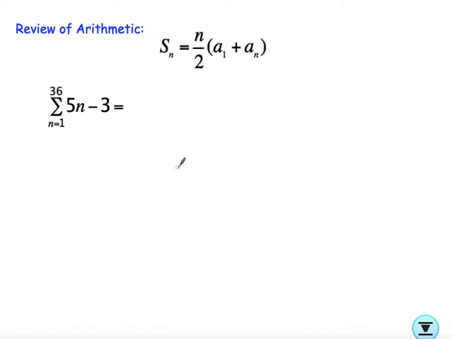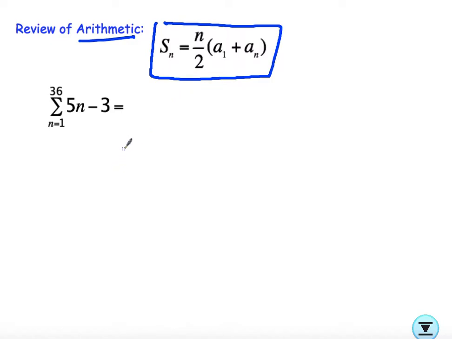Okay, now I just wanted to tie this back to what we've already learned, because if you can identify that something is arithmetic or geometric, it's going to be so much easier to do your summations, because remember, we have formulas, okay? Now this is the summation formula if it's arithmetic. So you would have to establish that before you go ahead and use this formula. How do you do that? Well, I would say plug in some of the first numbers just to get a sense of the pattern.